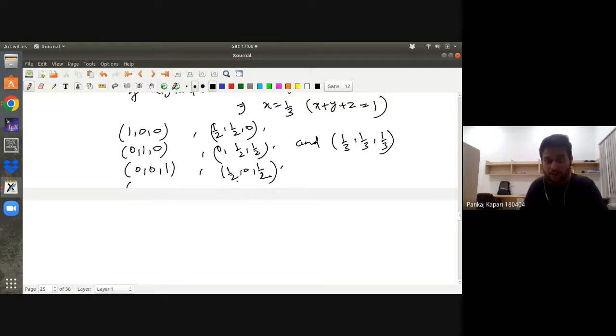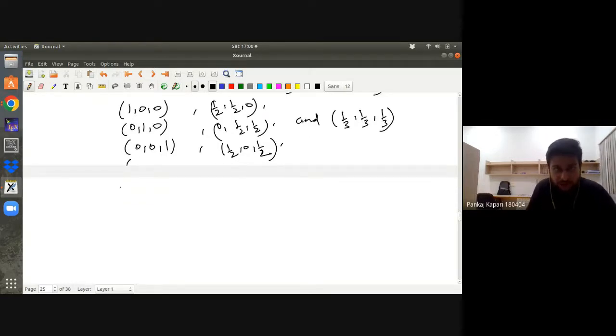Now find the maximum value and minimum value of this function f(x, y, z) is equal to xyz. Notice that except this particular point, every other critical point contains one coordinate equal to 0.